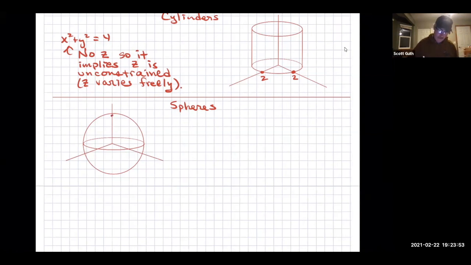Oh, that is not what I wanted. So I think I might need to make it a sort of parabolic shape to do this. So this is supposed to be an arc on the surface of the sphere.